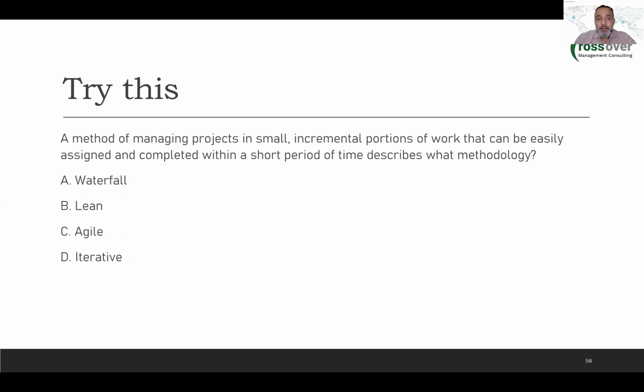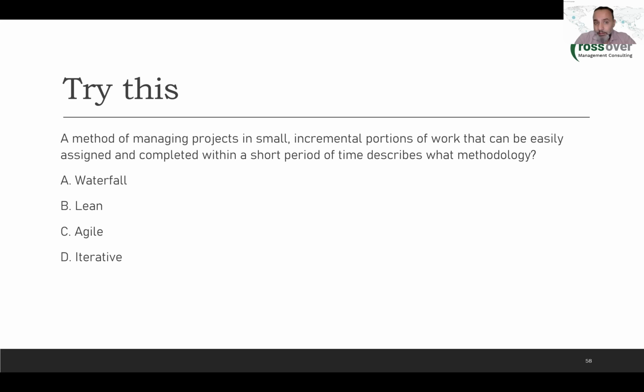Okay. A method of managing projects in small incremental portions of work that can be easily assigned and completed within a short period of time describes what methodology? The waterfall, the lean, the agile, the iterative.